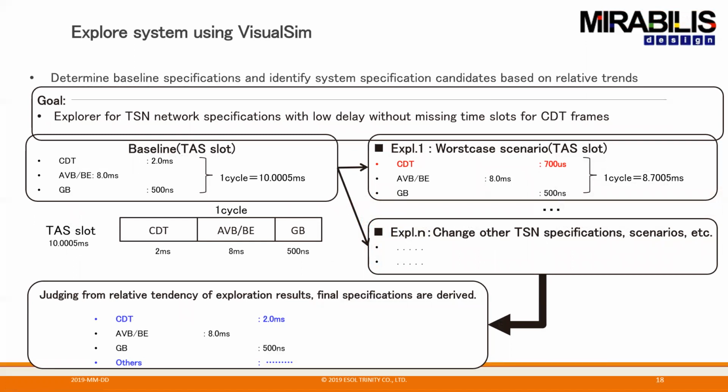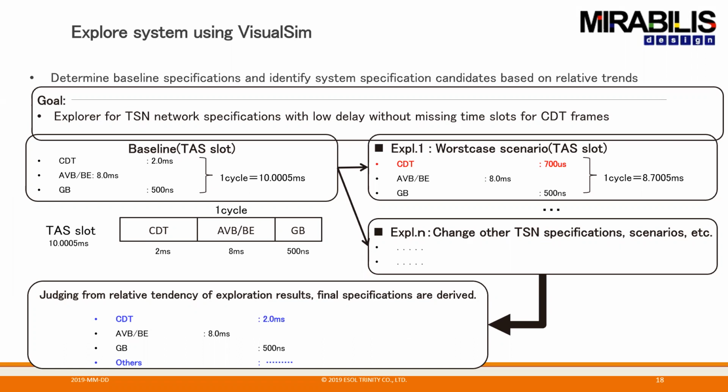Now, when you're exploring with VisualSim, you want to start with the baseline. The baseline is something that just runs, but has only an average amount of workload, maybe 30% or 40% of the network capacity.